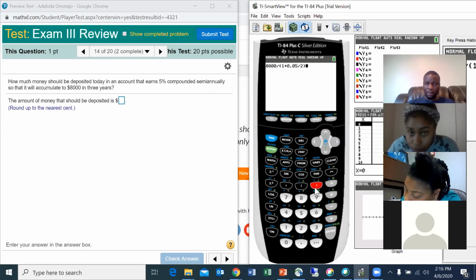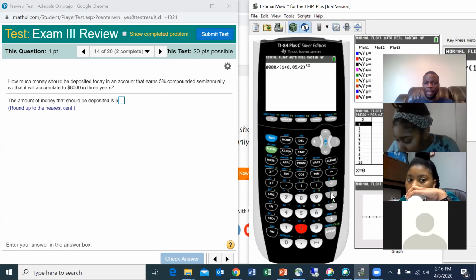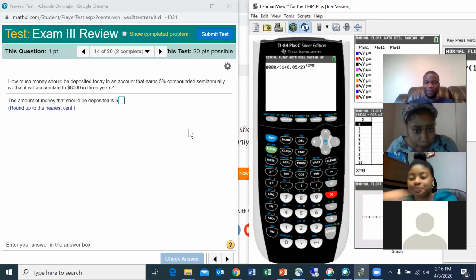Close parentheses. And the next thing is the exponent symbol. And then you open parentheses to put N times T inside. So N is 2, because it's semi-annually again, times T. And T is the number of years. This is $8,000 in 3 years, so T is 3. And then you close parentheses.